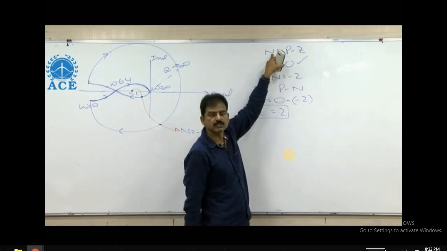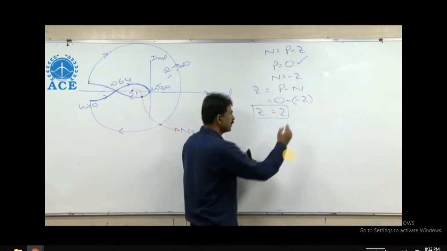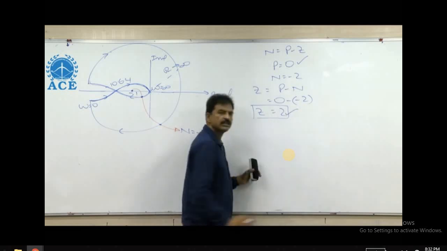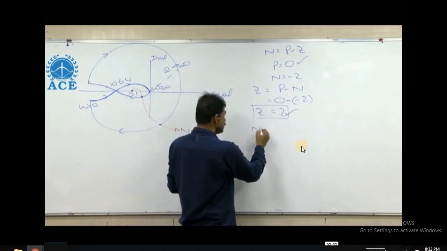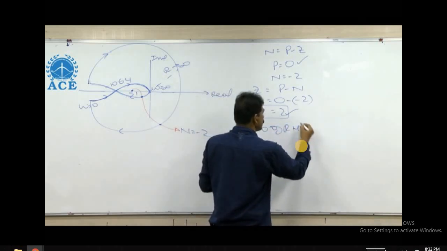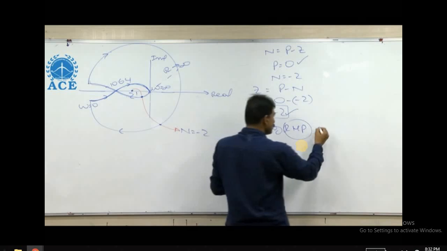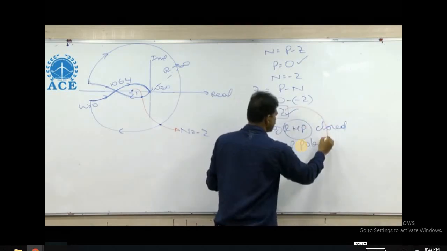Therefore, the system is unstable with two right half plane closed loop poles. Hence the answer is 2.